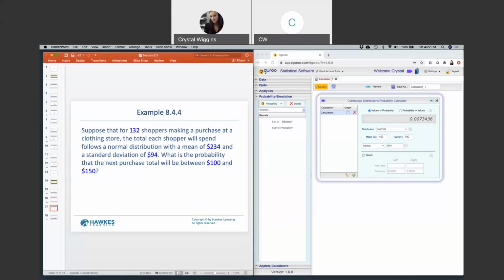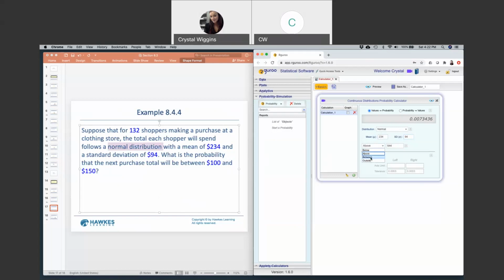Suppose that for 132 shoppers making a purchase at a clothing store, the total each shopper will spend follows a normal distribution. Good to know. We need to know that. With a mean of $234, so I'm changing that in Rguroo to a 234 mean, with a standard deviation of 94. What is the probability that the next purchase total will be between 100 and 150?